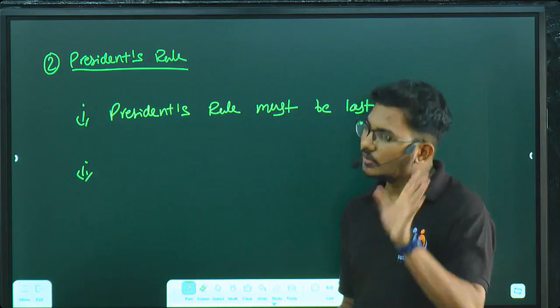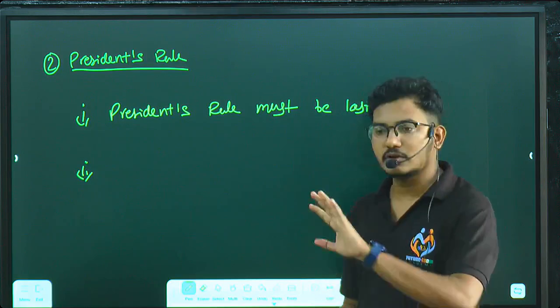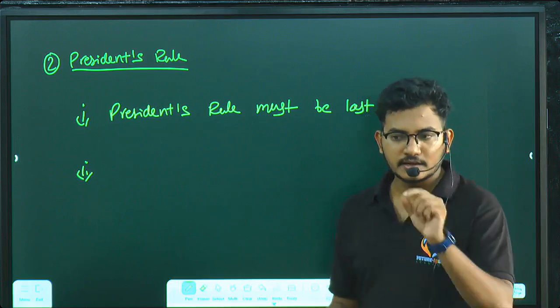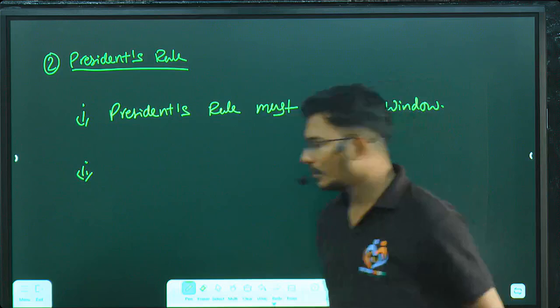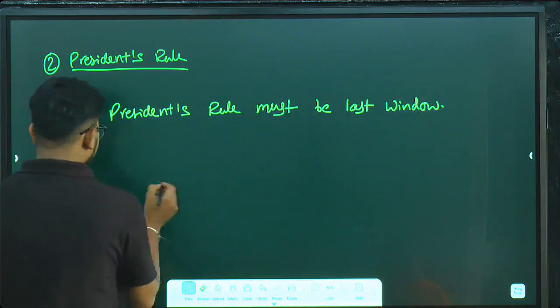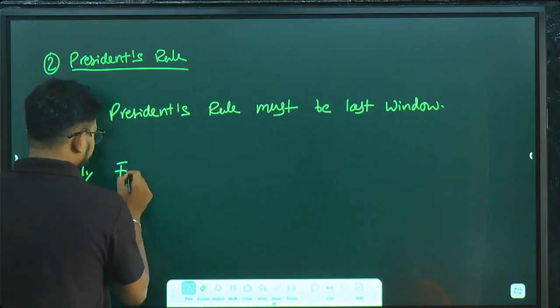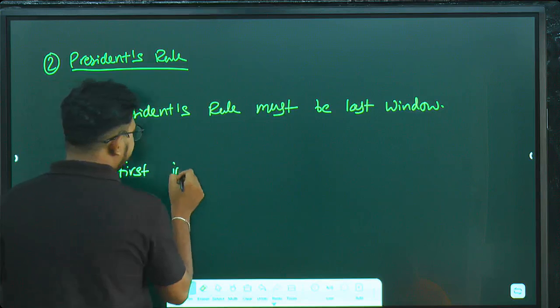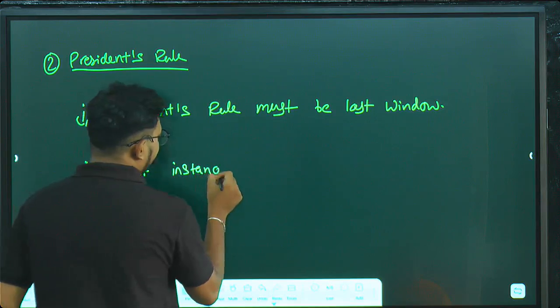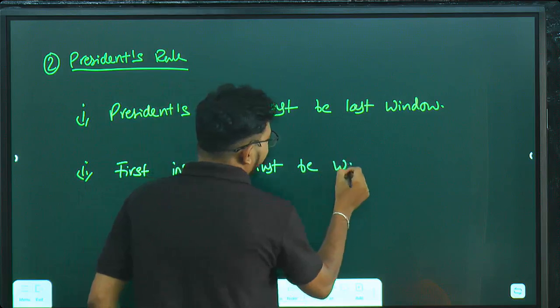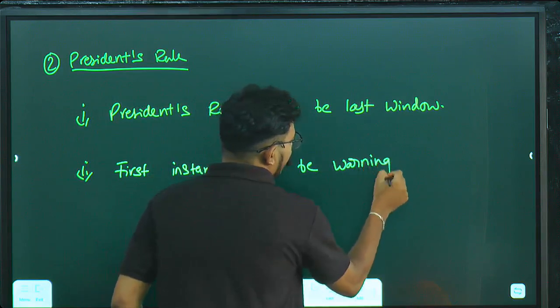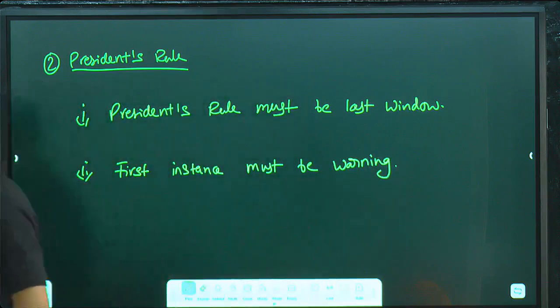If you feel a state government is not in line with the constitution, in the first case you have to warn them. So the first instance must be a warning.